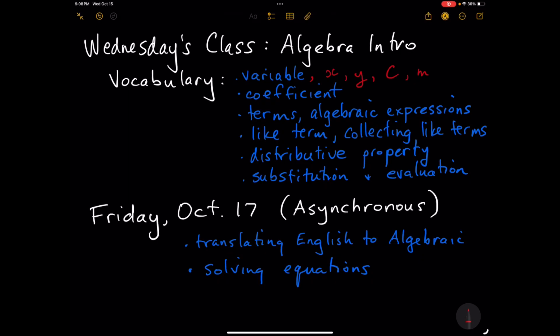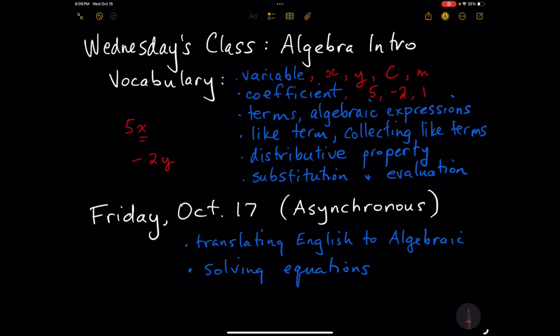And then another word we had from Wednesday's class was coefficient. This is usually a number like 5 or -2 or 1. These represent the quantity of something. So for example, when we talk about terms, I can say 5x because I have 5 of whatever x happens to be, or maybe -2 times y.